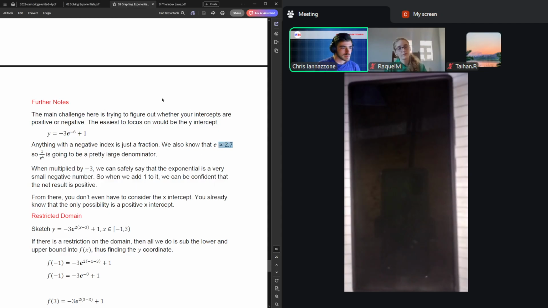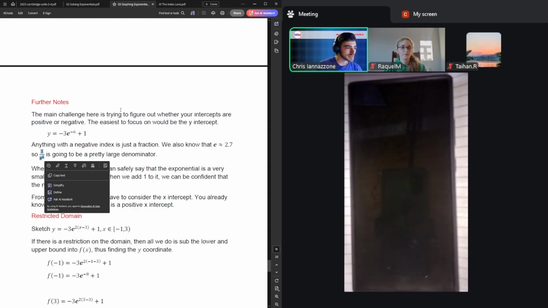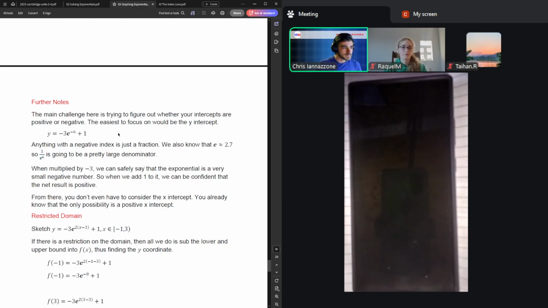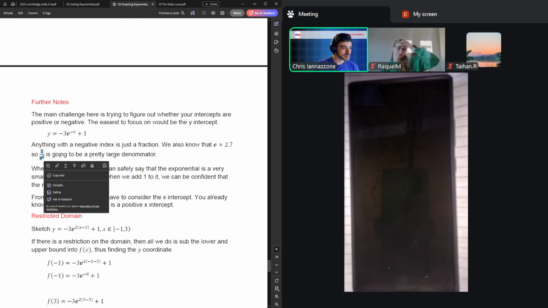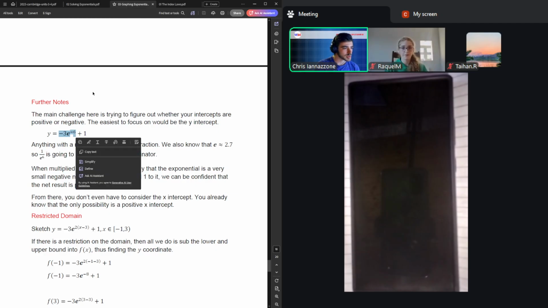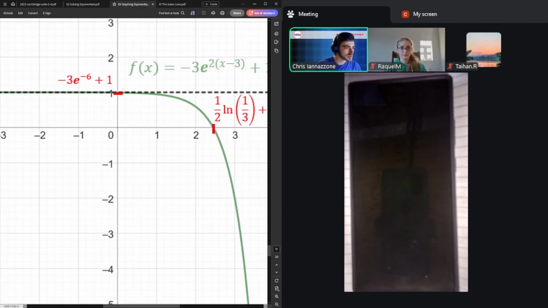You've got a small positive number raised to a big negative index, -6, so it's going to flip to 1 over that thing with a big index on it. You basically got a number with a really big denominator that might as well be 0. And so putting a -3 on it, sure, it's going to flip to negative, but it's also pretty close to 0. So we can say that this essentially contributes nothing, which is what we saw here, right?